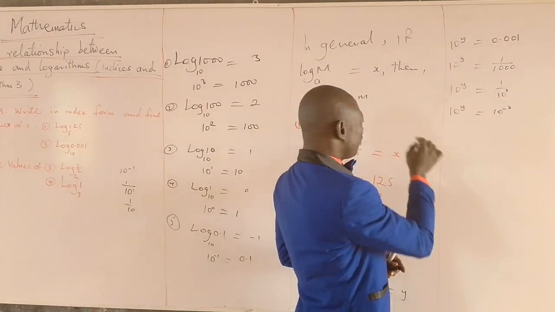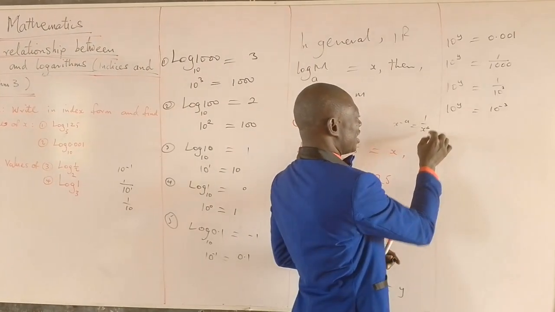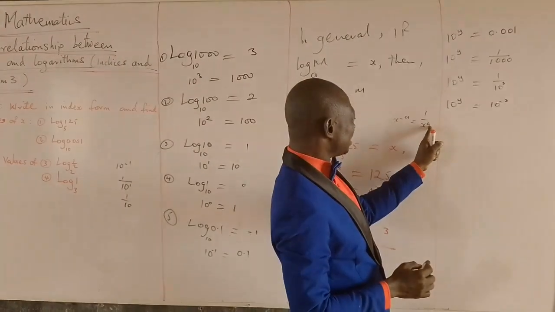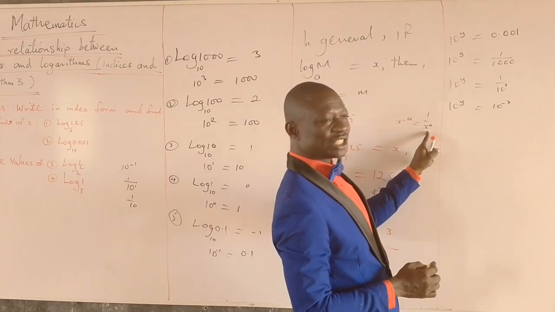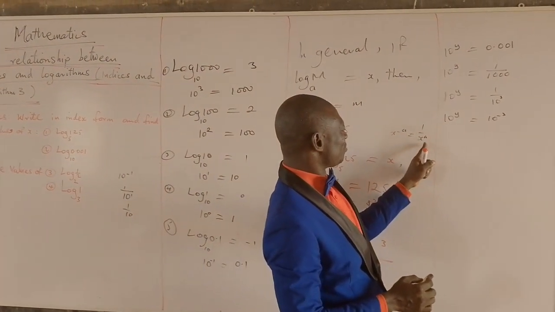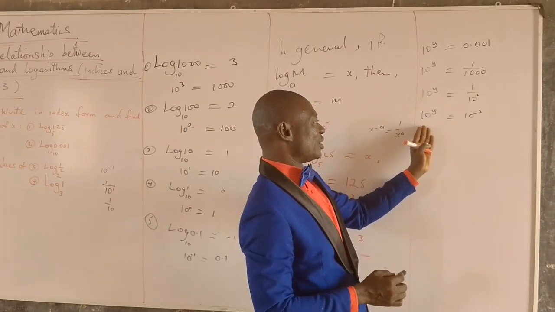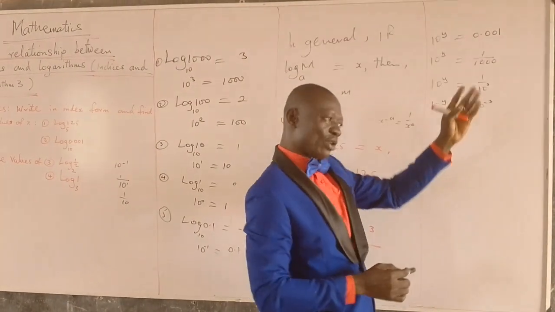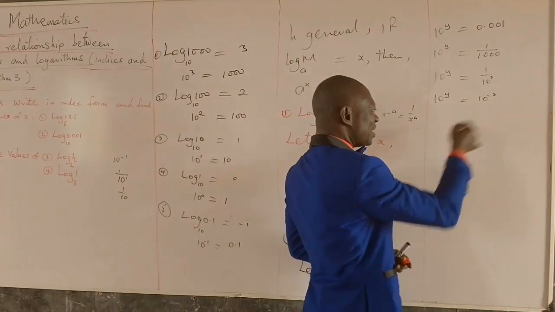Remember that it comes from x raised to the power minus a is equal to 1 over x raised to the power a. So when it is in this form, I can change it to this form. This 1 over 10 raised to the power 3 is in this form, so we can change it like this to make sure that the bases are the same for us to cancel out. At this time, we see the bases are equal.